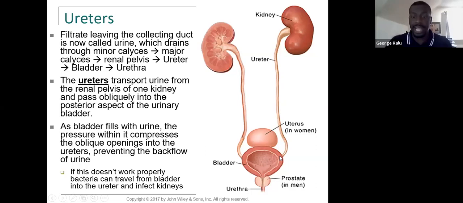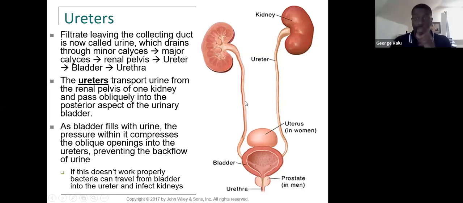As the bladder begins to fill up with urine, the pressure inside the bladder is going to increase, and that's going to cause these oblique openings to close up and compress. That becomes useful because it helps to prevent the backflow of urine up through the ureters.